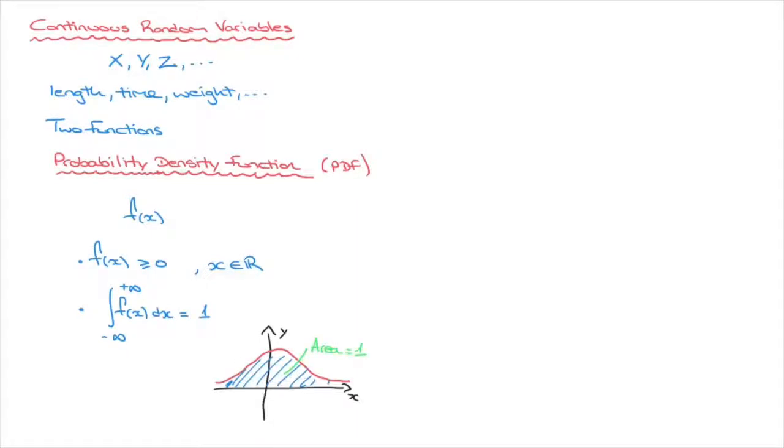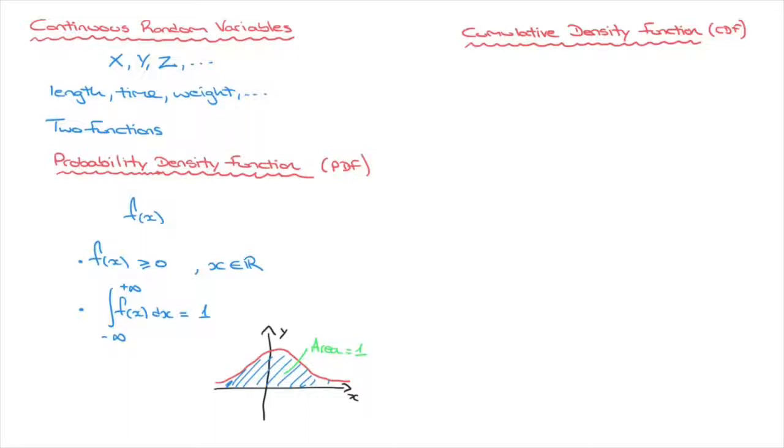The second function that we need to calculate probabilities is known as the cumulative density function. The cumulative density function is sometimes called the distribution function or the cumulative distribution function, and we'll usually refer to it as CDF. Now, the CDF is the function with which we actually calculate probabilities.